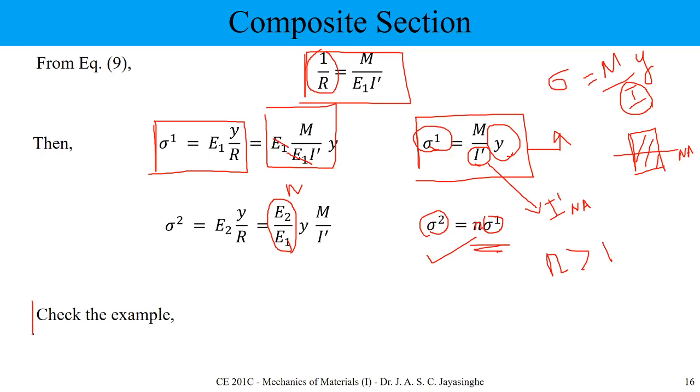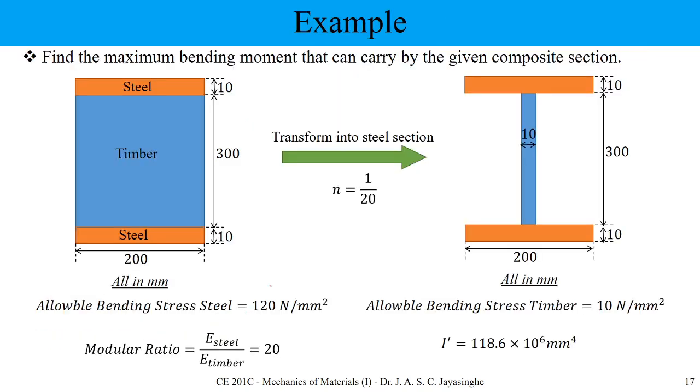To check this, I'd like to introduce a very simple example. So this is our example. Here I'm asking to find the maximum bending capacity that can be carried by the given composite section. This is our composite section.